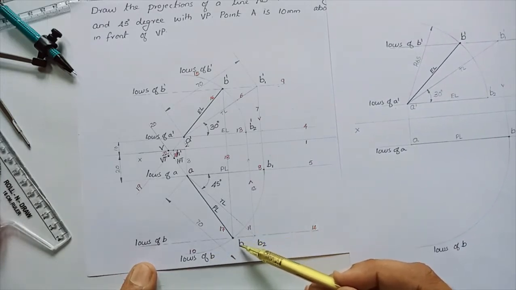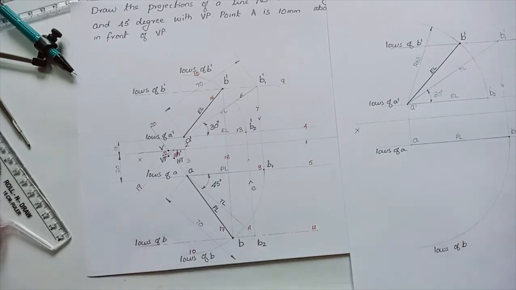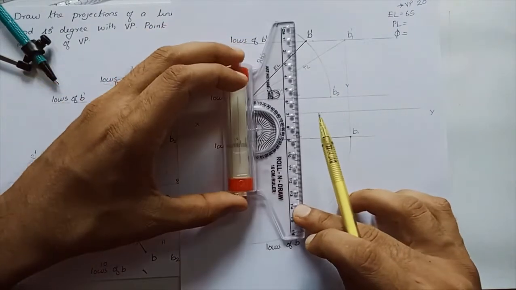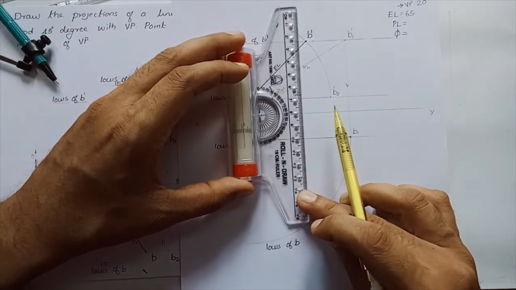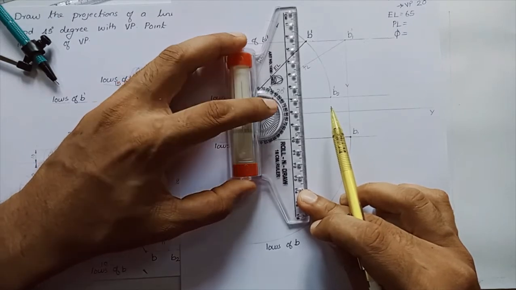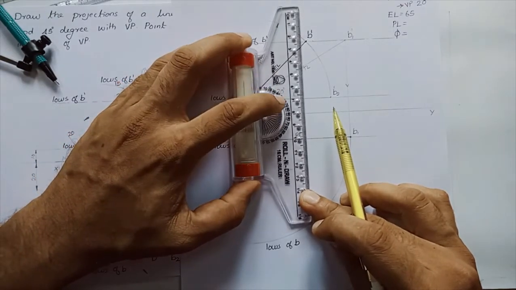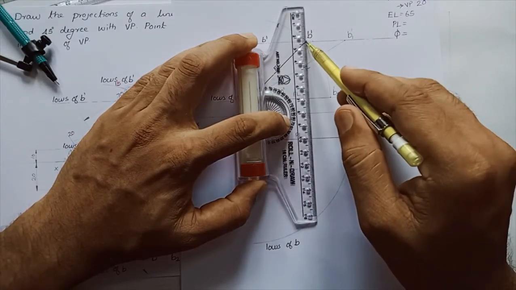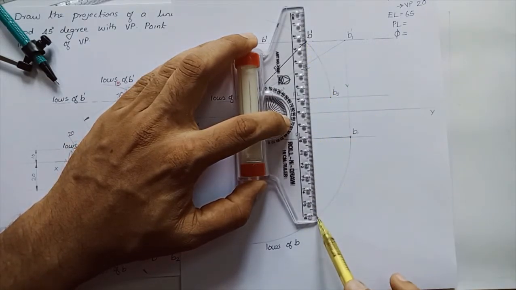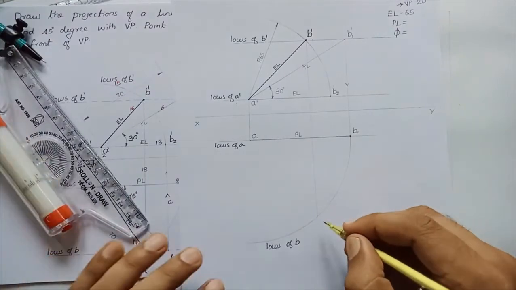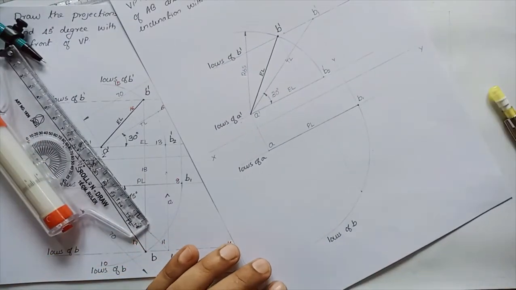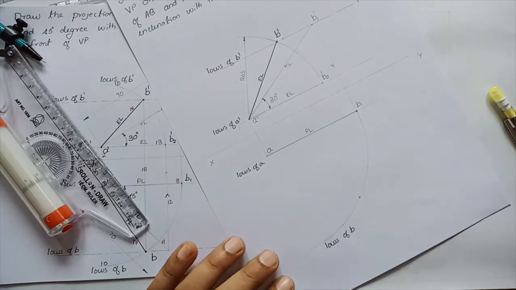So by this method also you can find out point B. So let us do the same in our problem. We shall drop a perpendicular. Please make sure that it is exactly perpendicular to the XY line. So drop a perpendicular from B dash. So here we are having the meeting point. This meeting point is point B, is it?